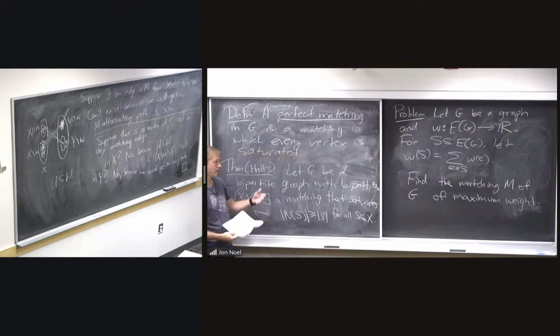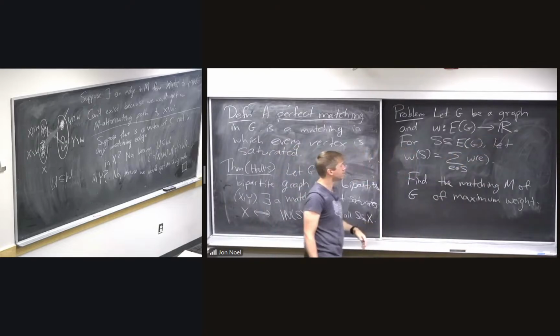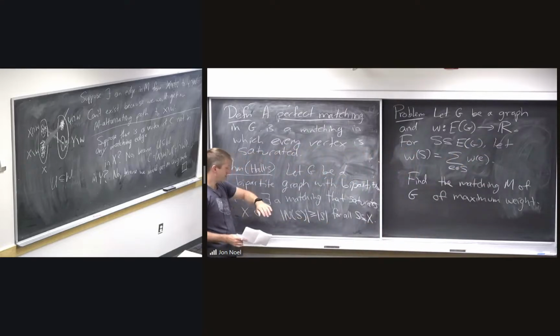Of course, if you set all the weights equal to 1 on every edge, that's just saying find the biggest matching. Also, if the weights are positive, it's kind of clear that you want this matching to be big. Maybe not the biggest cardinality, but we're going to be able to deal with any kind of weight function. Okay, so we'll talk about that next time.